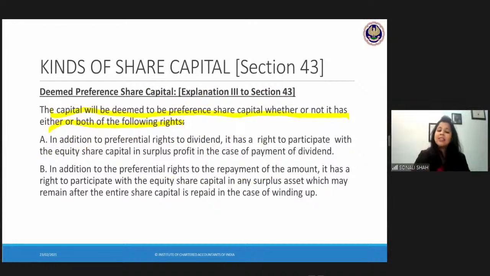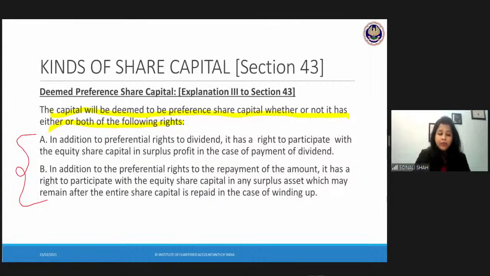Now coming to the point where we were talking about deemed preference share capital. So we know that as a preference share capital, you have a preferential right to dividend and a preferential right of repayment in case of winding up of the company or repayment of capital, right? Now we are talking about deemed to be preference capital. So the explanation says that whether the preference share capital comes with any of these two rights or not, it will be considered to be a preference share capital only.